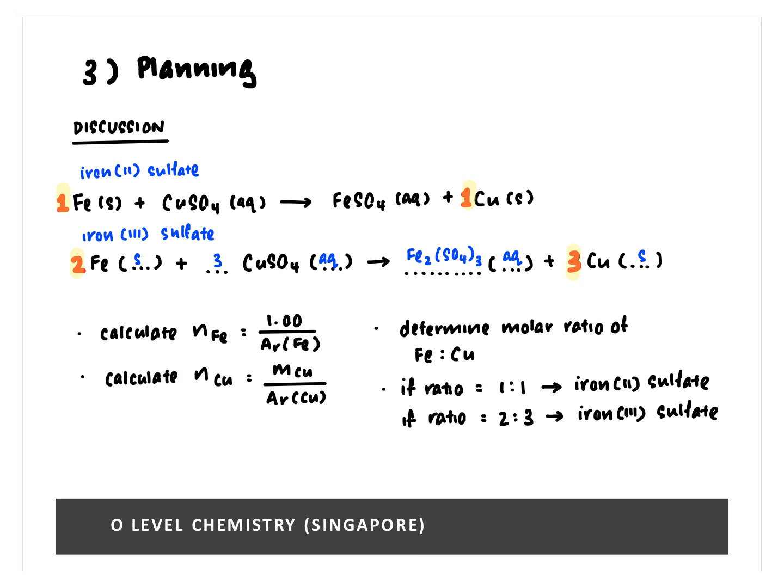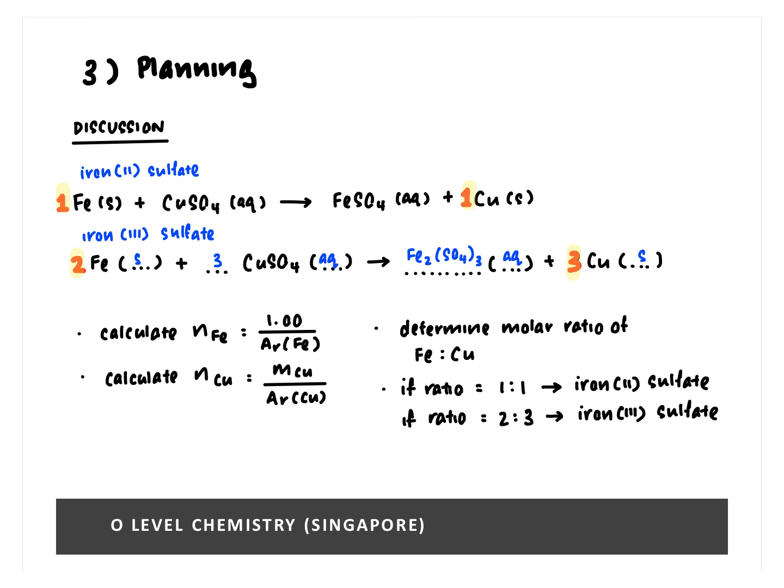In a quantitative type planning question, the discussion would be the calculations that you need to make in order to arrive at the conclusion. Okay, so as mentioned, the two equations are already a big hint to you that the mole ratio of iron and copper will be different for the two experiments.